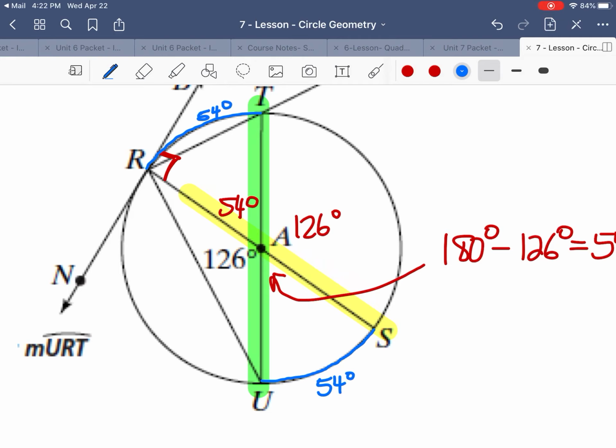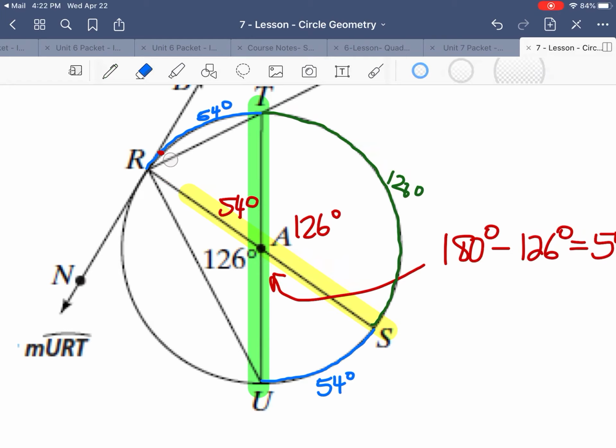The intercepted arc is going to be the same. All right. We also know, let's get a little green in there, that this one here is going to be 126 degrees. And that accounts for half the circle, so we know we're up to 180, which should make sense.